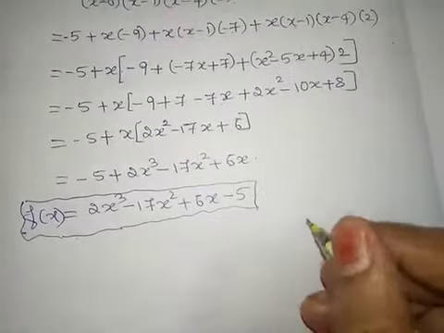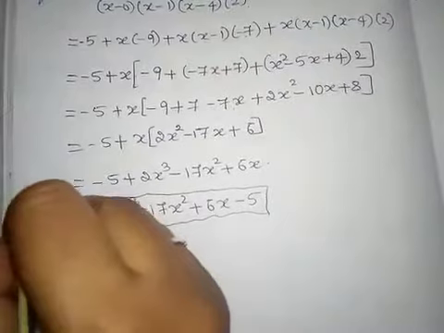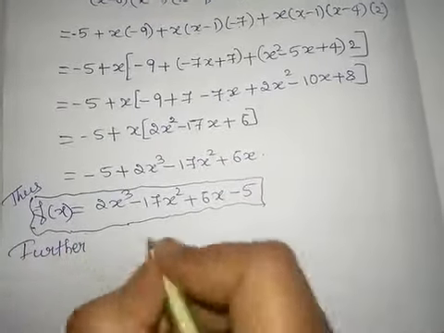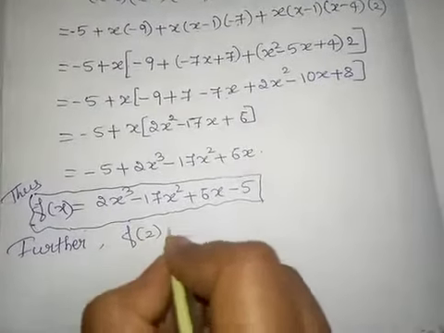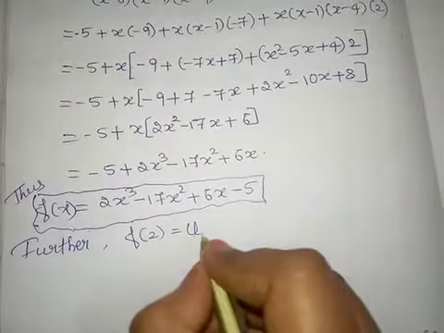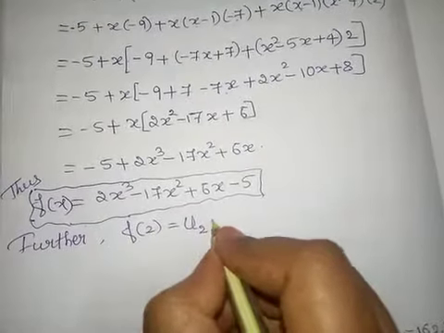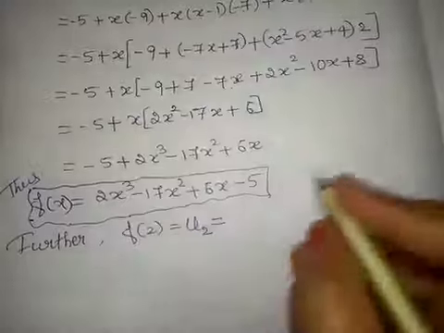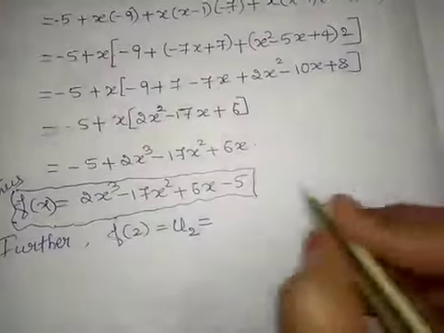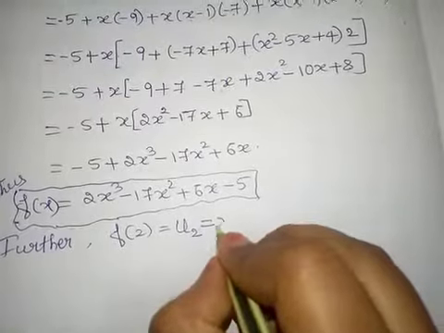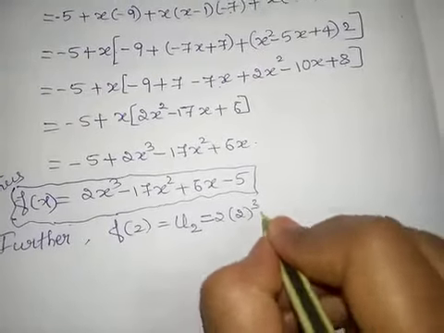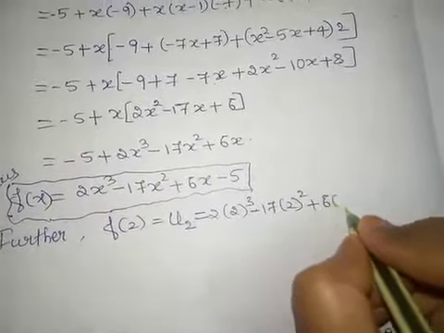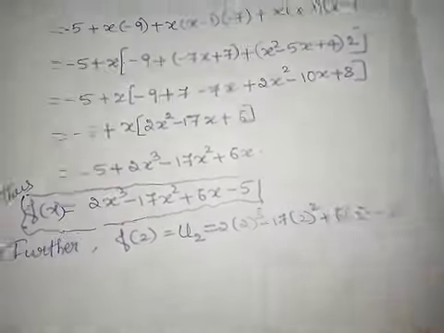Next work is we have to find the u2. Further, f of 2 is equal to, from our given data, this can be noted as u2 is equal to, just substitute wherever x is there, that is 2, it will be 2 into 2 cube minus 17 into 2 square plus 6 into 2 minus 5.